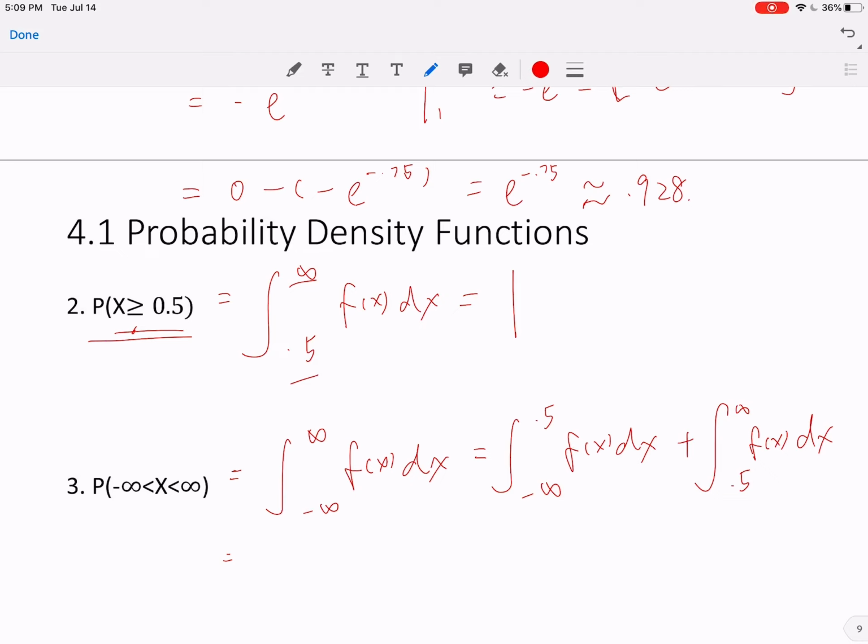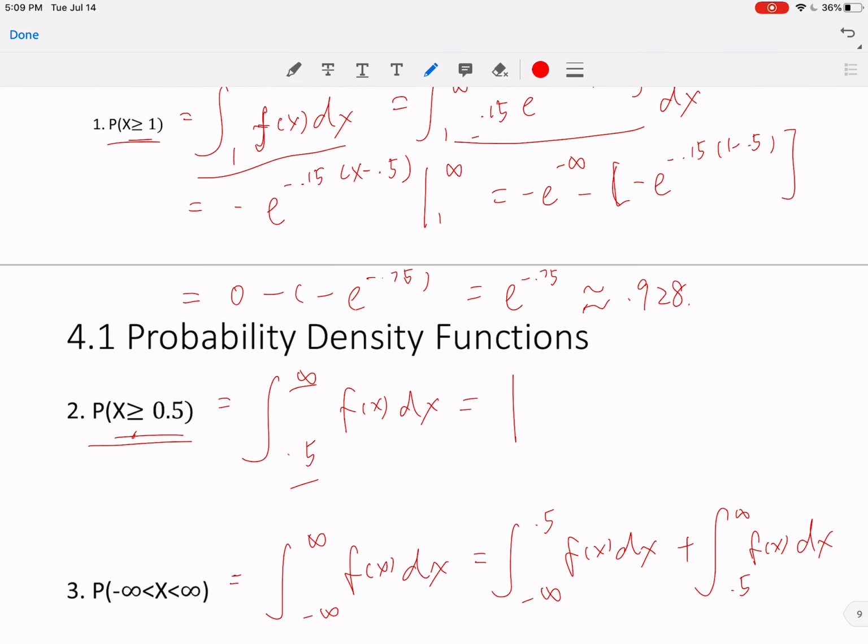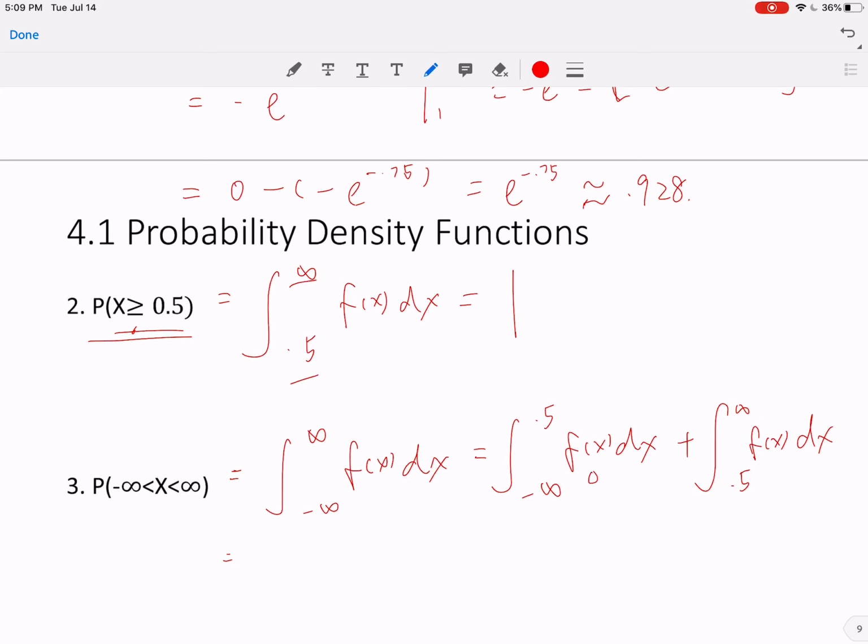We know that if x is less than 0.5, the value of f of x is 0. So we bring 0 back into the first part: negative infinity to 0.5 of 0 dx, plus 0.5 to infinity of f of x dx.